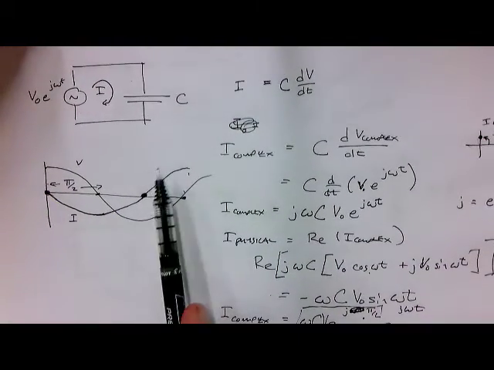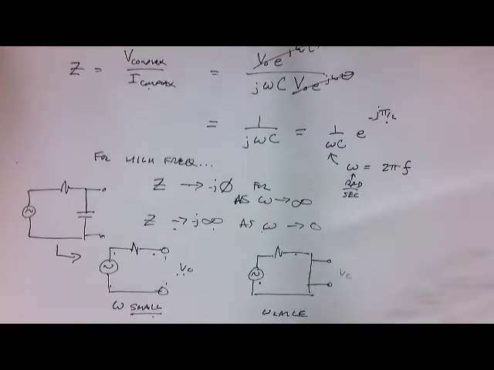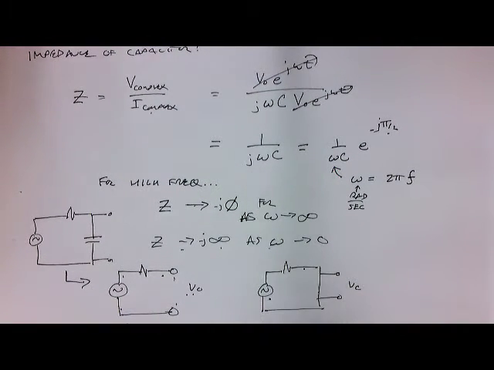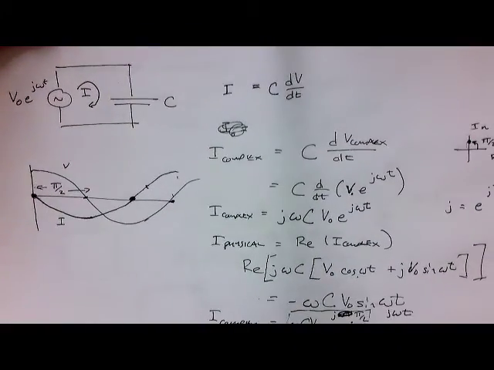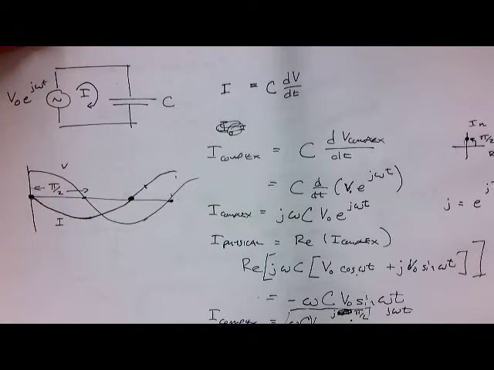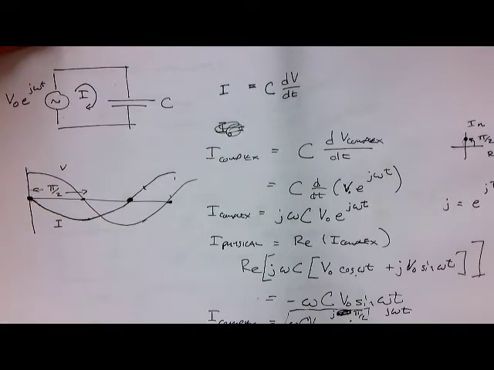And we also saw that a capacitor is actually different when you find what the impedance of a capacitor is. The impedance of a capacitor is 1 over j omega c, right? And the way that we interpret that is that number, 1 over j omega c, tells you both how big the voltage is relative to the current, but also tells you what the phase difference is.